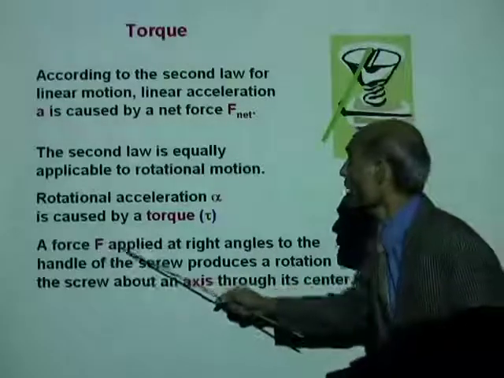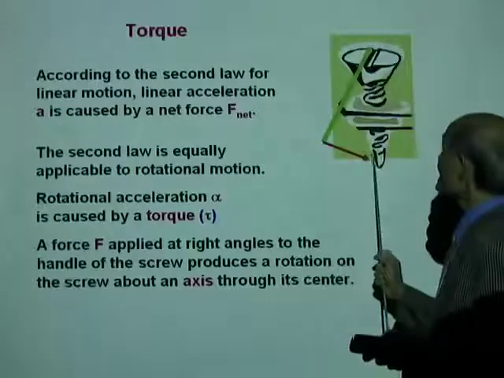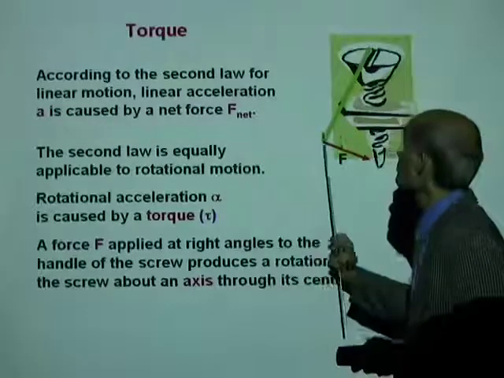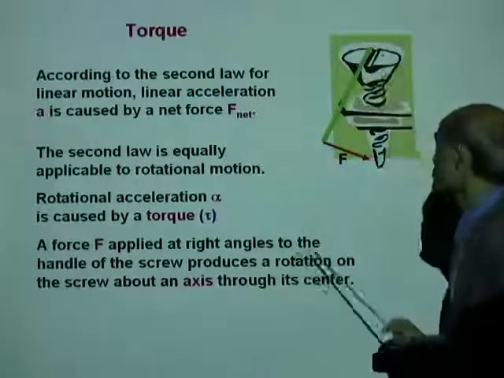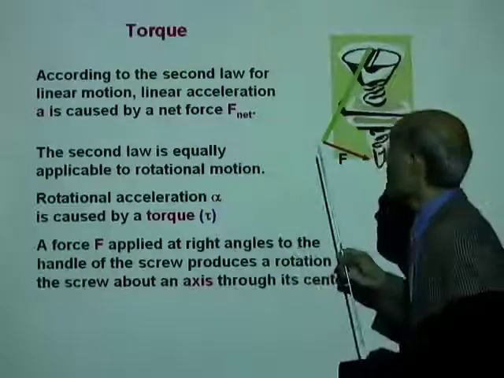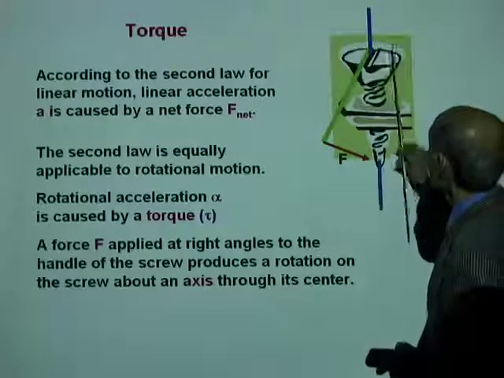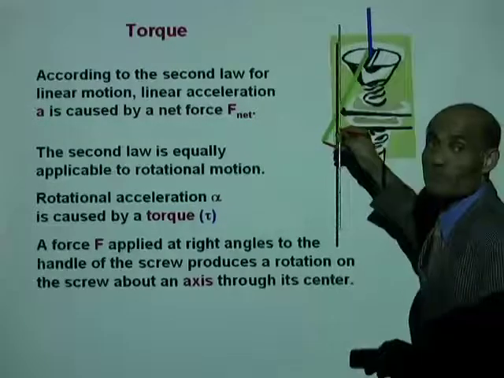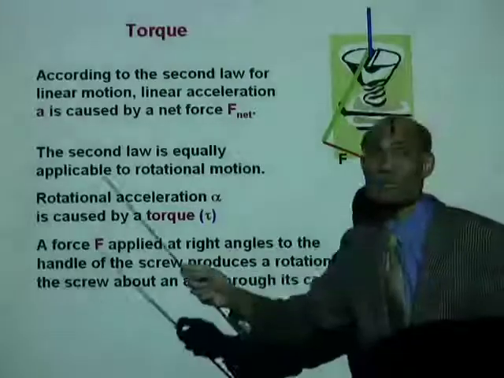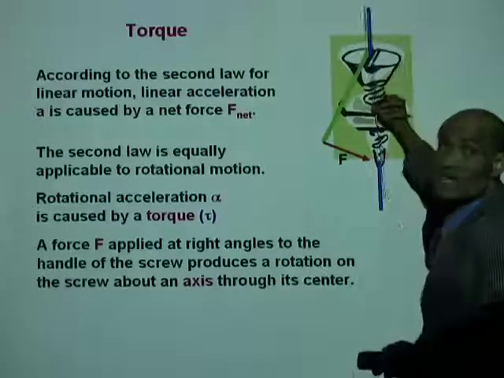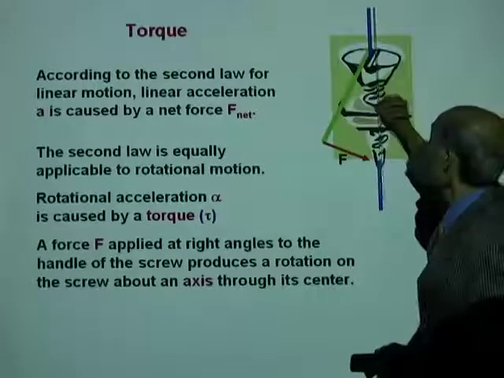A force F applied at right angles to the handle of the screw produces a rotation on the screw about an axis. What is the axis of rotation? Look at the axis of rotation. So just like I just demonstrated, the screw is now rotating about this axis.